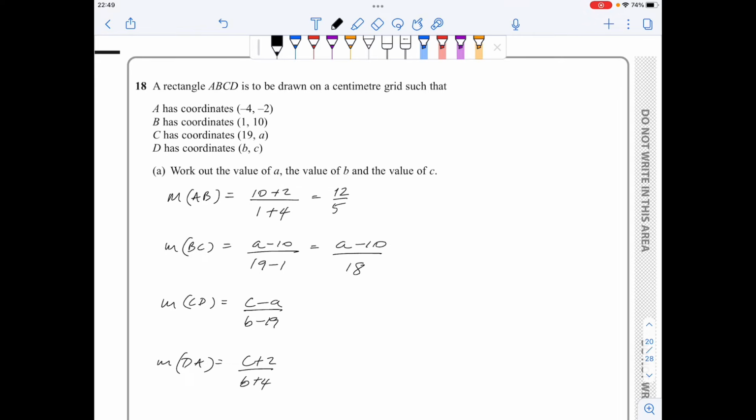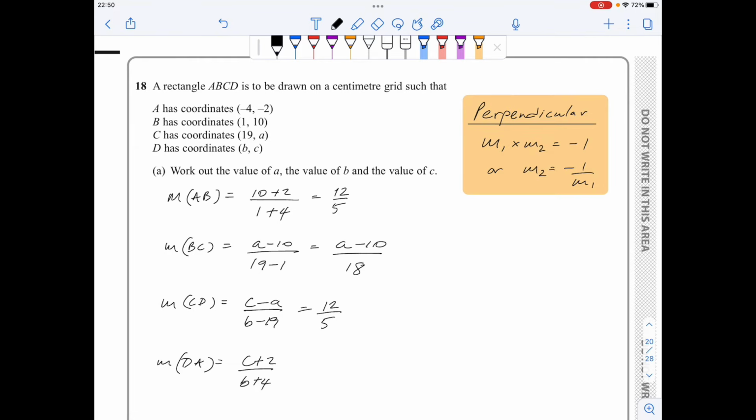Now note that opposite sides have the same gradient, so C and D also has gradient 12 over 5, and then the other two are perpendicular to A and B. Recall, for perpendicular lines we have the following rule.